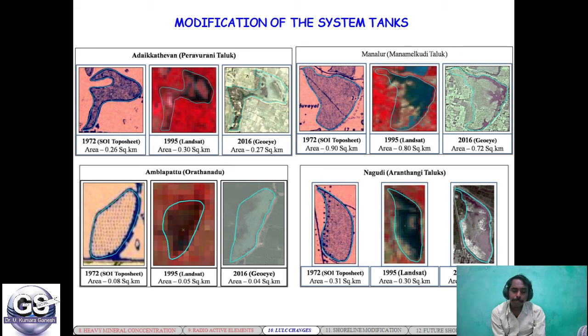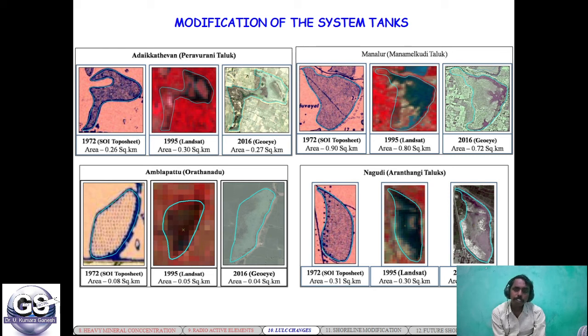The 1981 temporal data was at a very large scale, and its resolution is very coarse, making it very difficult to demarcate the tank boundary. Hence, the 1972 Survey of India topo sheet was taken as the baseline data for this system tank analysis.